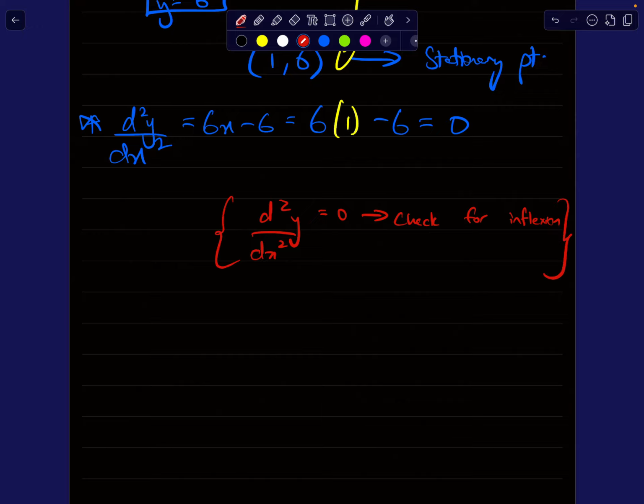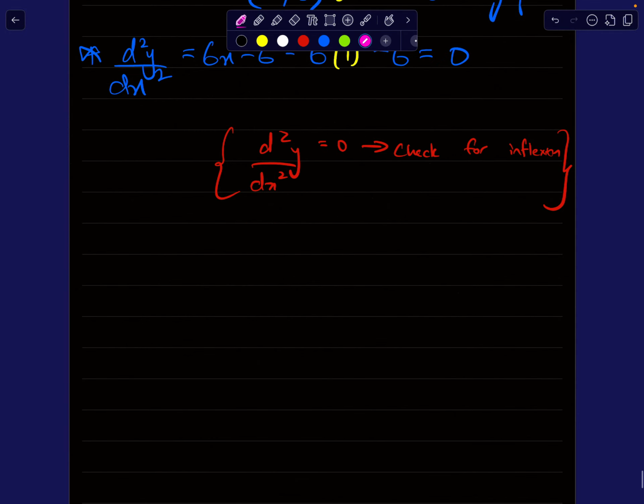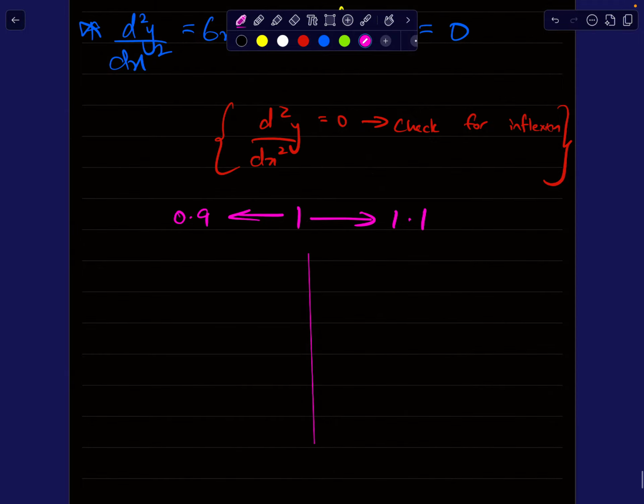So, since we now need to check for point of inflection, the x coordinate of the stationary point was 1. Subtract 0.1 immediately before the x coordinate and add 0.1 immediately after the turning point. So you have 0.9 and 1.1. So just make a margin so your work is neat and tidy. So find the gradient at 0.9.